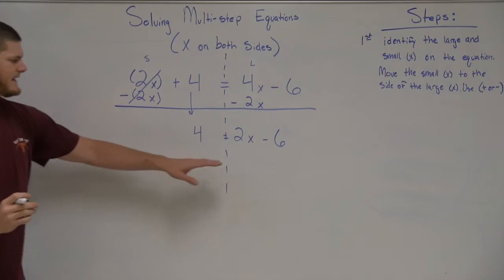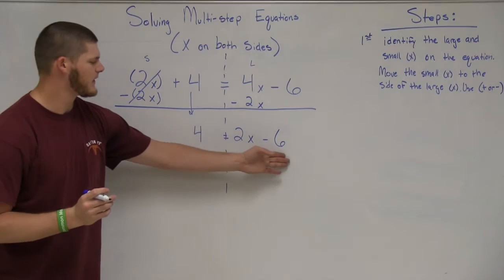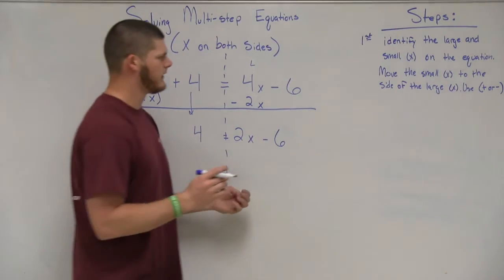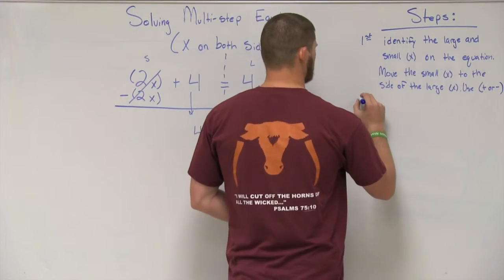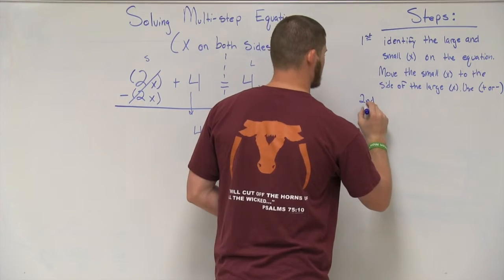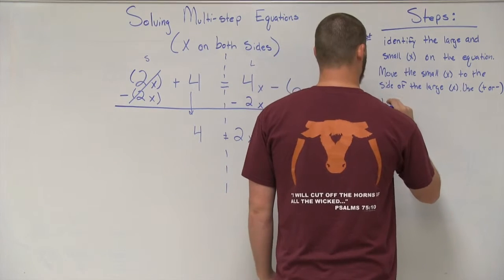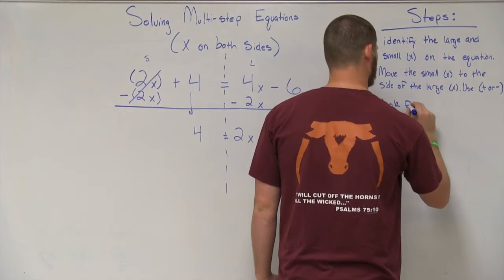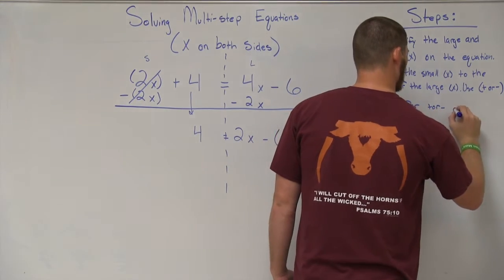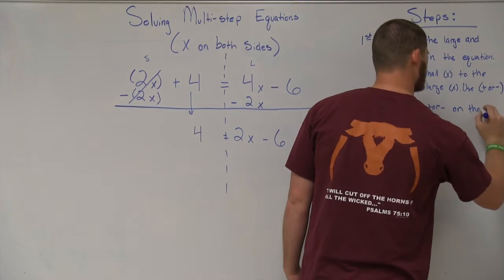Now we've gotten to a multi-step equation where x is on one side. So we're going to go through our rules there. We revert back to our other rules, but now it's our second step, which is look for plus or minus on the side with x.